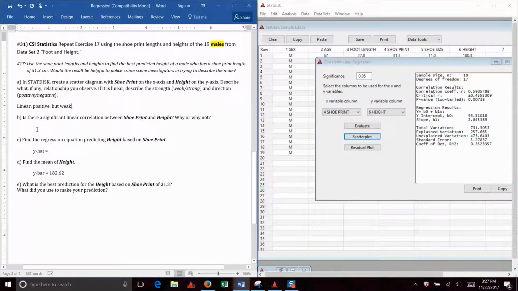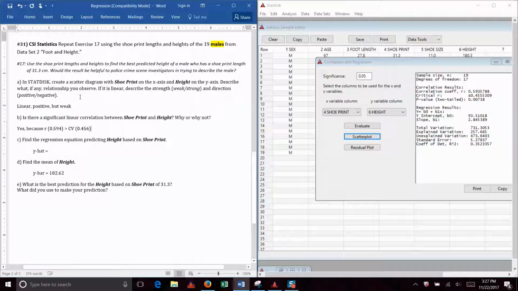Is there a significant correlation? That's going to be a yes, and our one and only explanation is because the R value, the correlation coefficient of 0.594, was indeed greater than the critical value, which was 0.456.